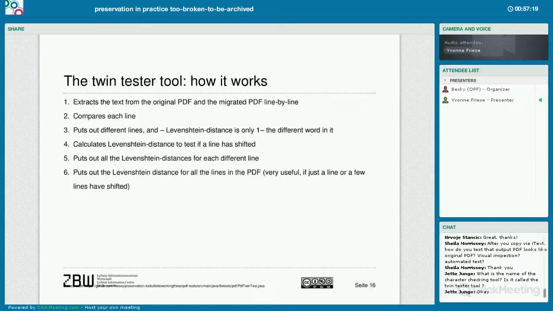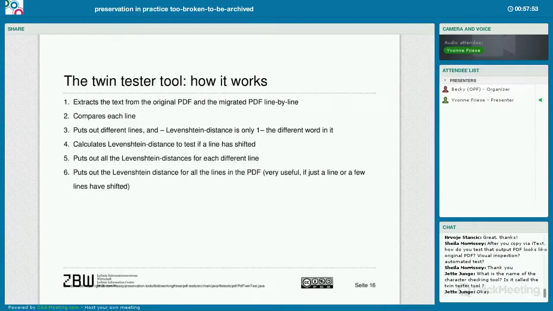That means it looks how many lines are different, because maybe there are 2,000 lines, and only one is different because it has somehow shifted, and then the PDF is pretty much alike as the original. But if you wouldn't calculate the distance for all the lines in the PDF, you would think that most of the lines have errors, but they usually don't.